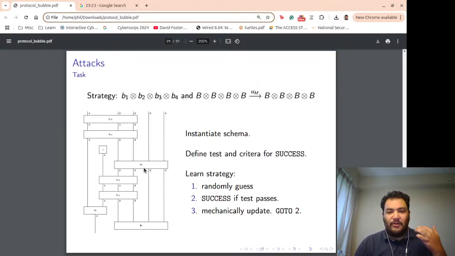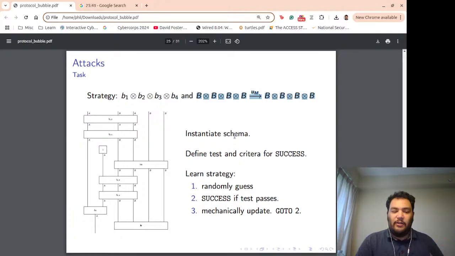And so what I need to do is fill in the entries for these two things: the initial term that specifies my initial guess. In this case, I only need some of them. And then I have this update map, but I don't know what it is. I just hypothesize that one of them is going to help me attack this protocol.